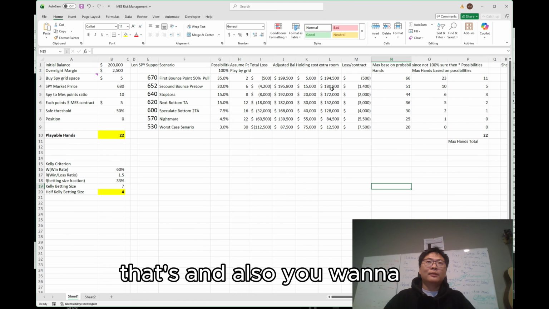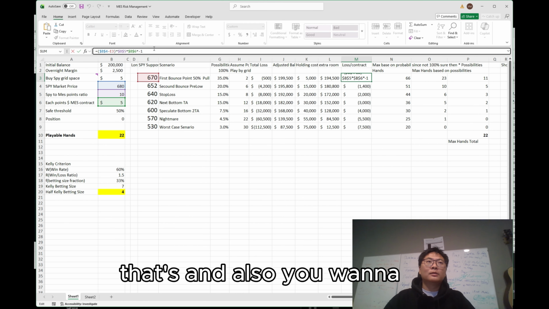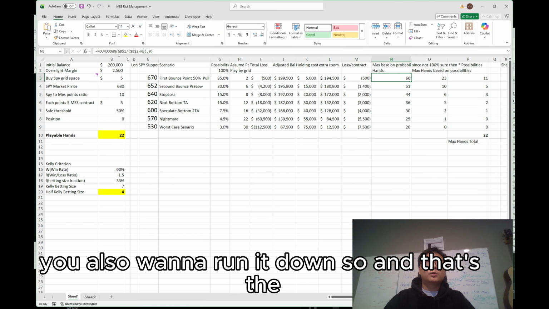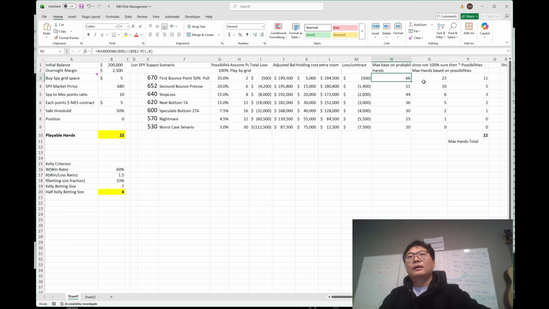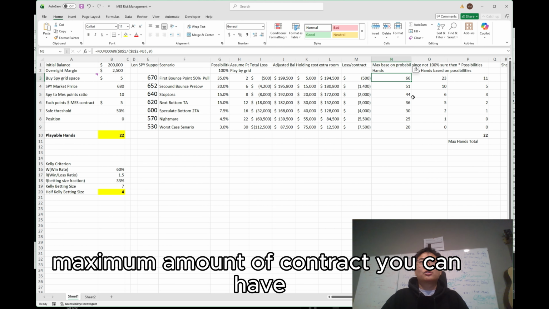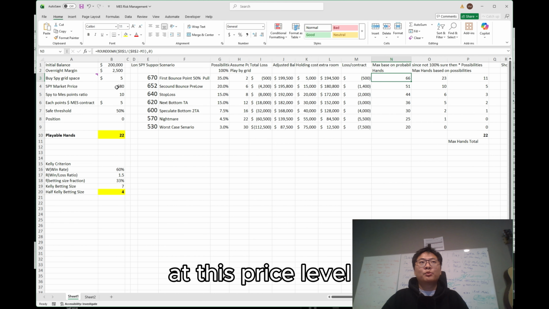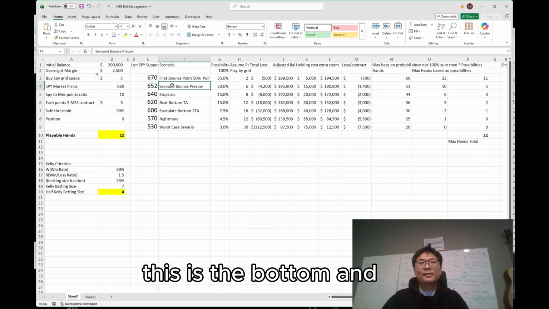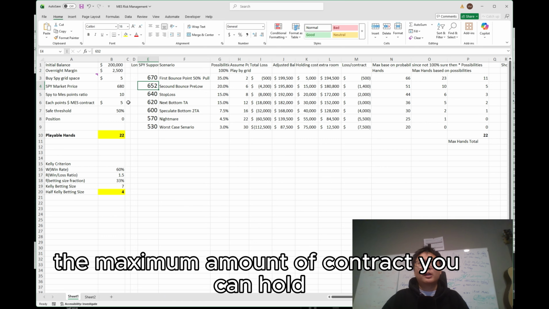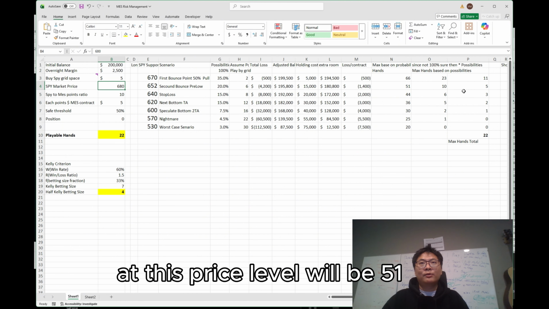You also want to round it down. And that's the maximum number of contracts you can have at this price level. So you got 66 here, and if you're 100% sure this is the bottom, the maximum number of contracts you can hold at this price level will be 51.